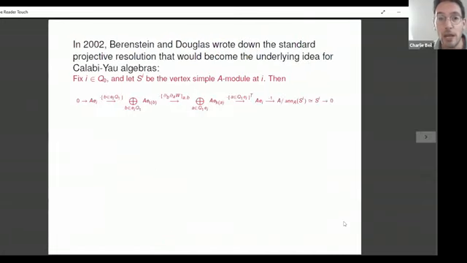Then in 2002, Berenstein and Douglas wrote down the standard projective resolution that would become the underlying idea for Calabi-Yau algebras. I have it here for reference, but I won't go over this projective resolution. You have this projective resolution for each vertex simple module.